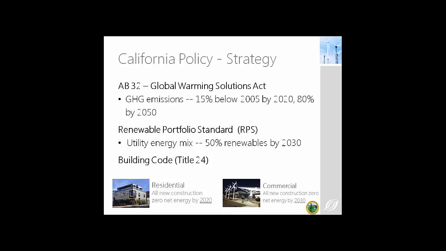That was just updated this year. And then we have the Renewable Portfolio Standard, which is mandating that the utility energy mix, so any utility in California, has to have at least 50% renewables by 2030. So that's really encouraging utilities to find ways to connect with renewable sources like solar and wind.